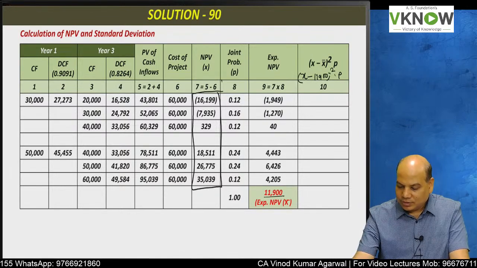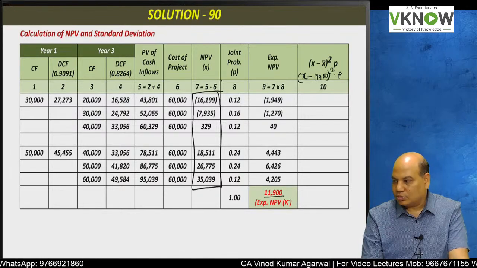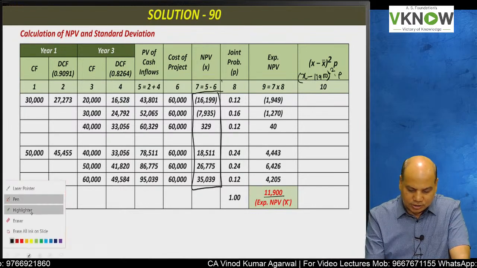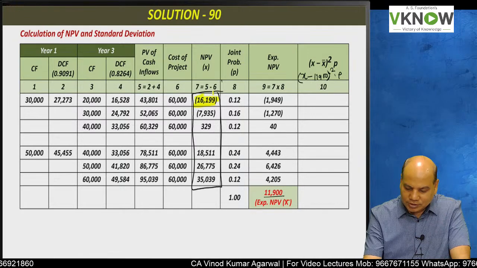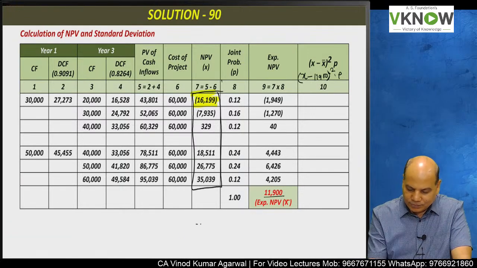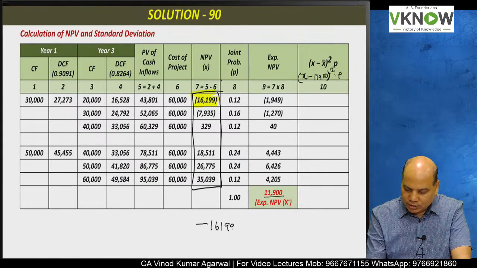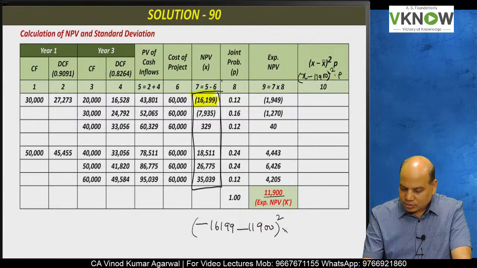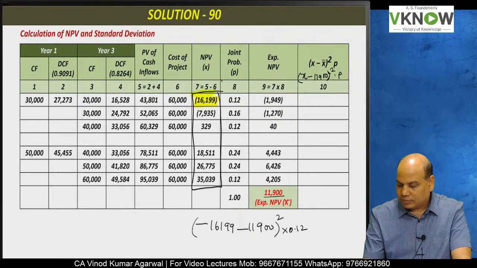So you will take, now show your skill again, this is minus 16199 minus 11,900 square into 0.12.